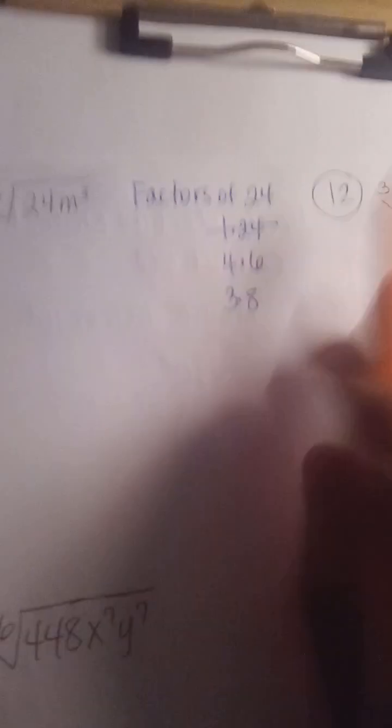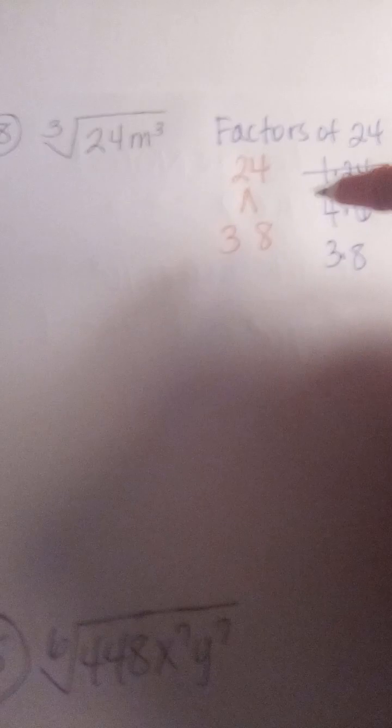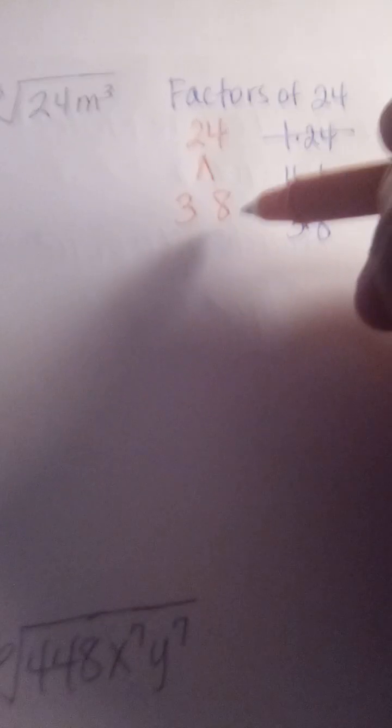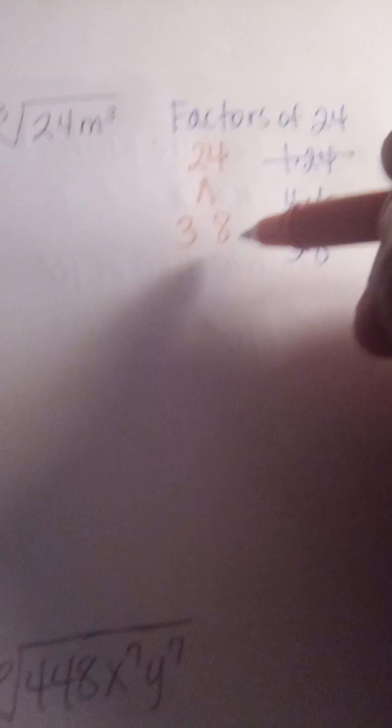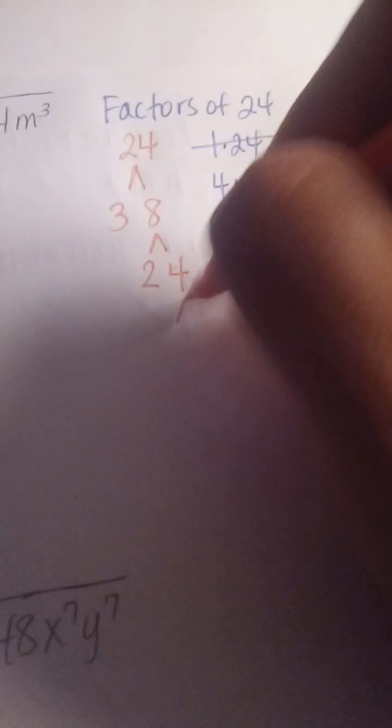Yes, we can. It can work. So we got factors of 24. We got 3 times 8. And we can factor out, let's see, the 8. What's 8? 2 times 4. And we do the same thing, 2 times 2.